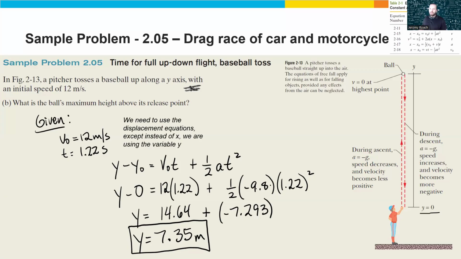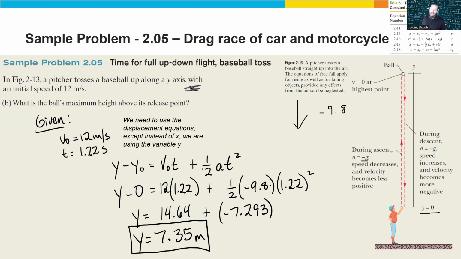This is where it's important to make sure you're using a negative g, because if you use a positive, you won't get the right answer. If you're ever having trouble determining what to write there, just remember that it's going down, it's going down 9.8 meters per second squared. So we're going to treat gravity as negative 9.8.